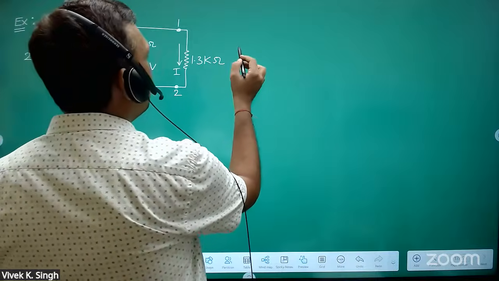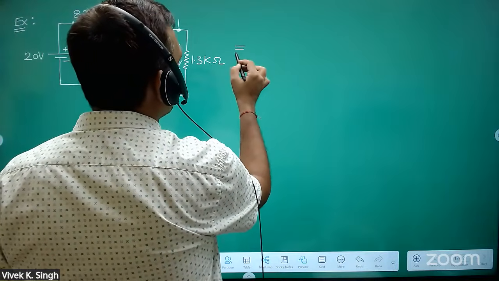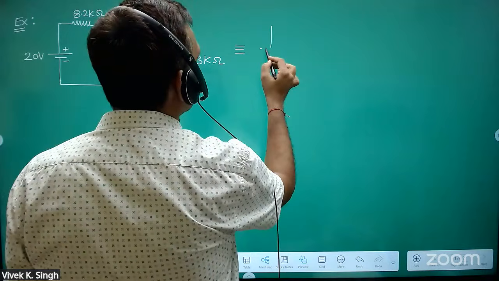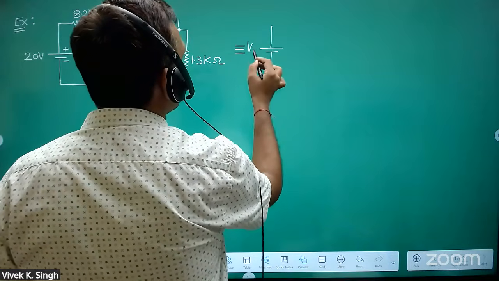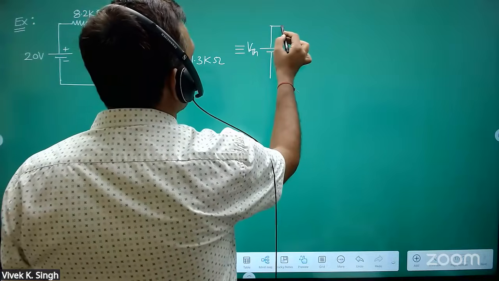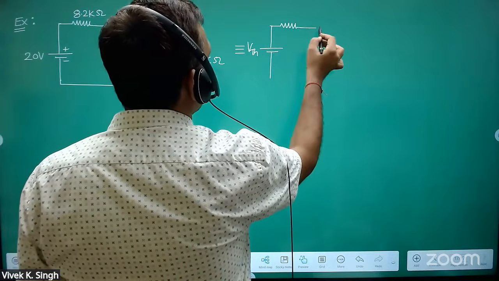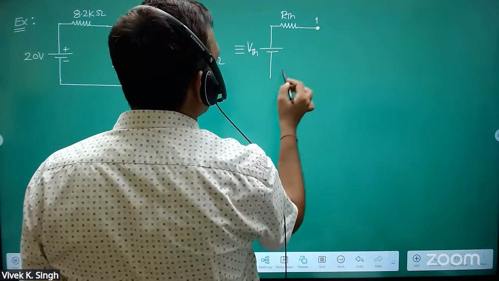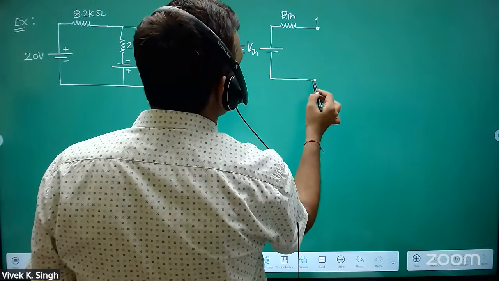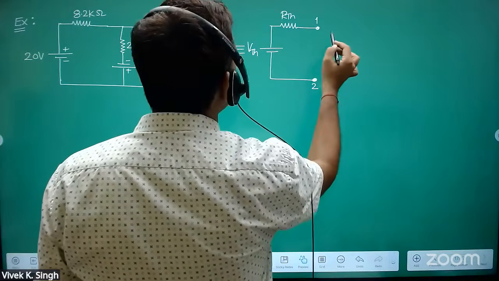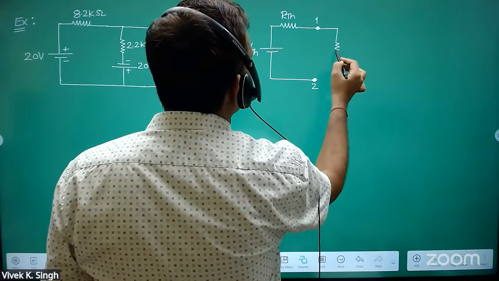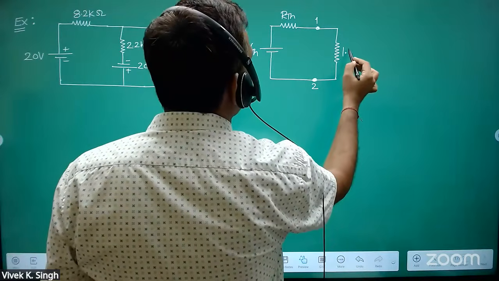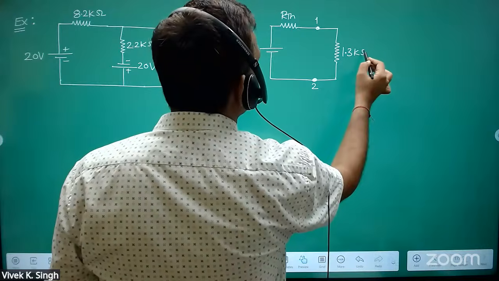So again, Thevenin's equivalent is the same across terminals 1, 2. This is VTH. This will be RTH. This point is 1. This point is 2. So this is 1.3 kilo ohm.